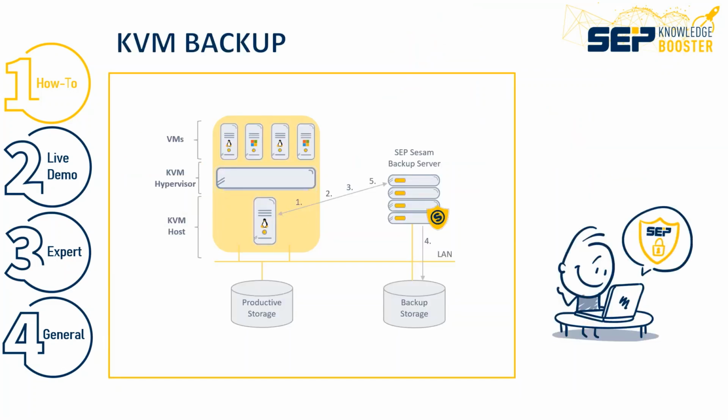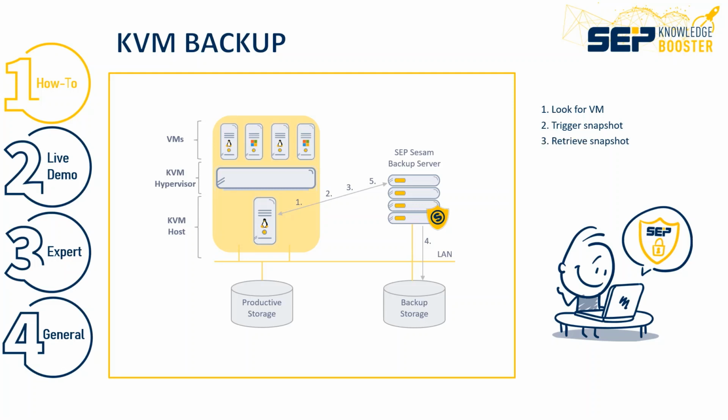How does it actually work? The KVM backup is very straightforward, I can promise you. In the first step, we talk to the management host and we look for the virtual machine. Then we trigger the snapshot via the libvirt API. We trigger the snapshot on the management host, doing the snapshot of the virtual machine.